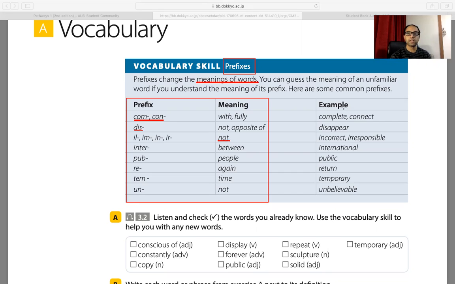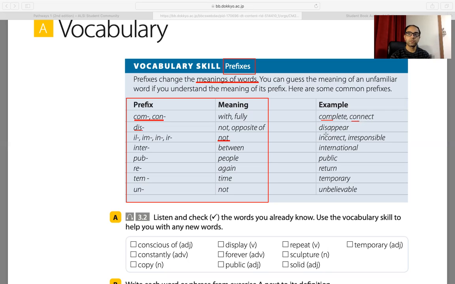Now let's look at the examples. For example, if you don't know the whole word complete, but you only know the prefix com, oh, that means full. You can easily guess the meaning, okay? Complete. Or another word, connect.